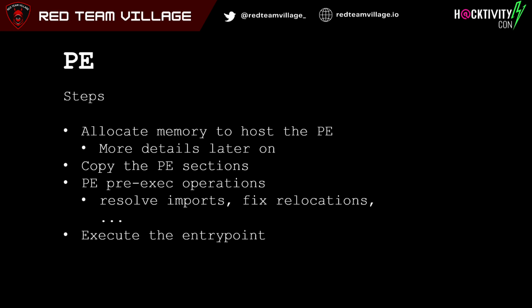Then we copy the PE sections, and before jumping to the entry point of the application, we need to execute some operations in order to be able to successfully execute the payload, like for example, resolving the imports of the application or fixing the relocation table. An executable file usually imports functions from other DLLs. These DLLs must be loaded into the memory space of the process, otherwise the application is not able to find them.